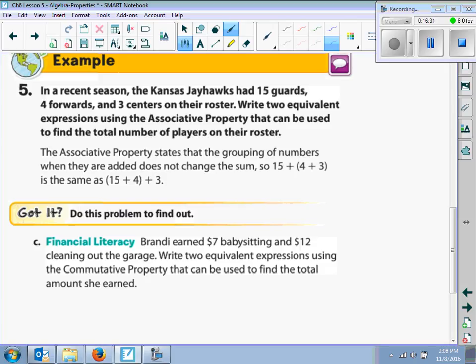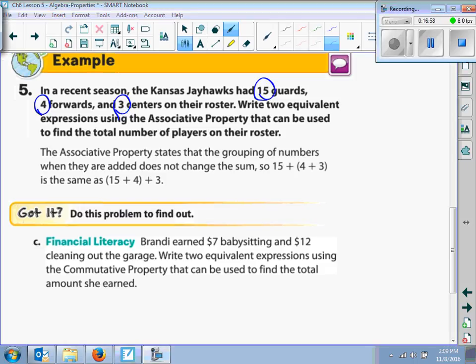And what are we adding? We're adding 15 and 4 and 3. So the 2 expressions that we will write are 15 plus the quantity of 4 plus 3. That's one of them. And then we can move the parentheses to the first 2.